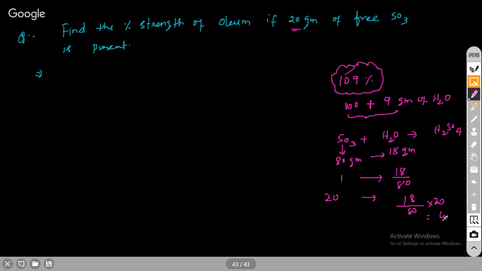That gives approximately 4.5 gram of water required to react with 20 gram of SO3. So the percentage will be 100 plus the mass of water, 4.5. So 104.5% labeling will be there. Understood?